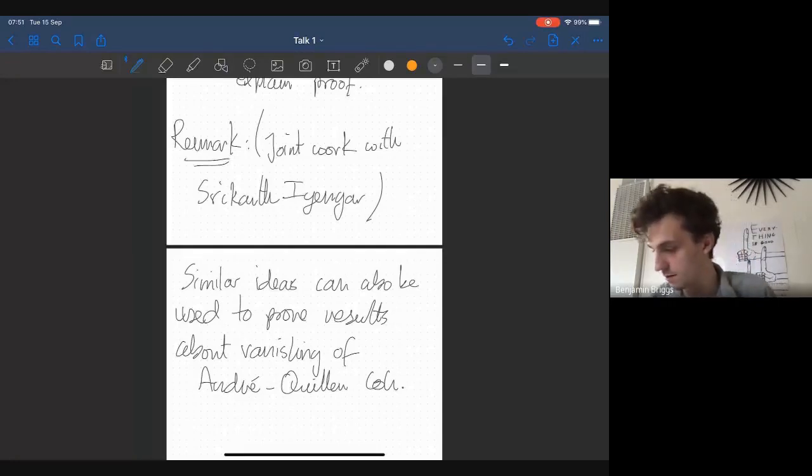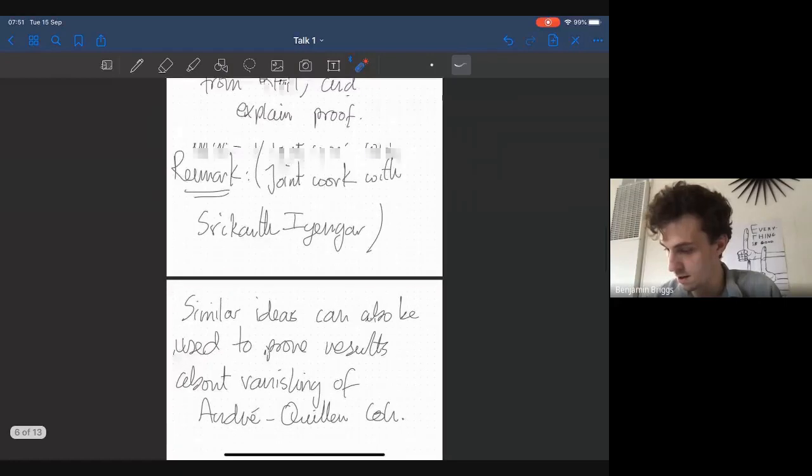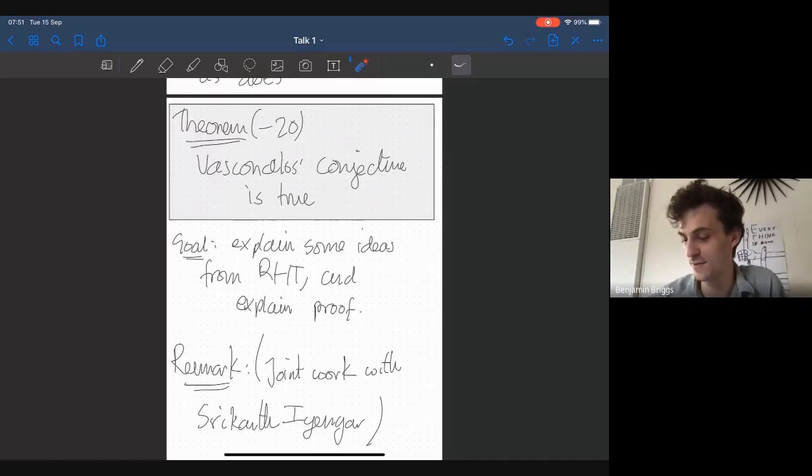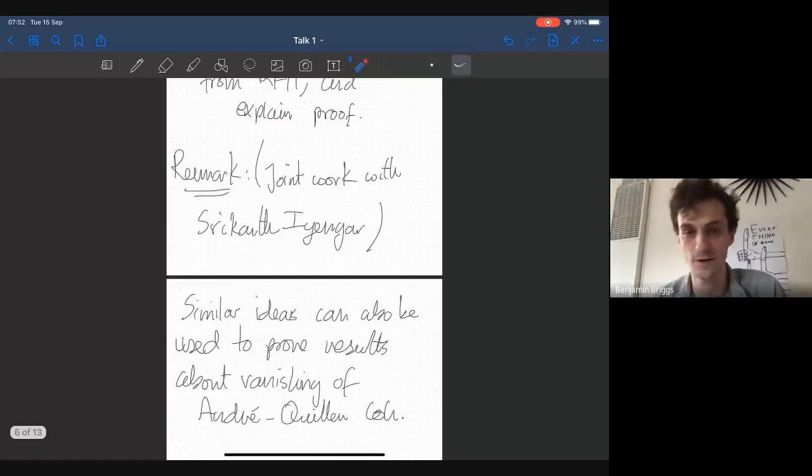What should I say about that? It just turns out you can phrase these arguments in such a way that one can even simultaneously give a proof in essentially exactly the same way of this conjecture of Vasconcelos and a conjecture of Quillen on the vanishing of Andre-Quillen cohomology, which was proven already by Avramov in 1999.